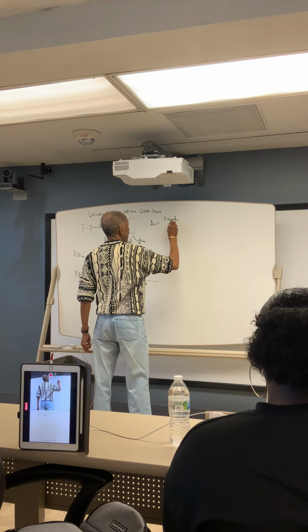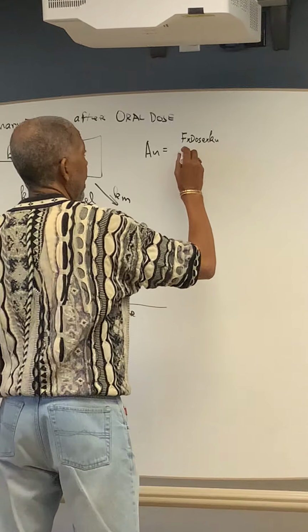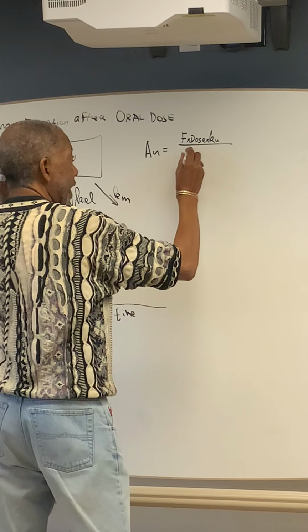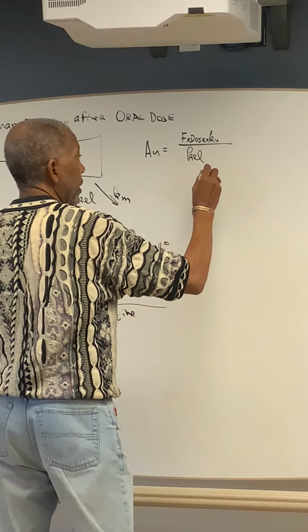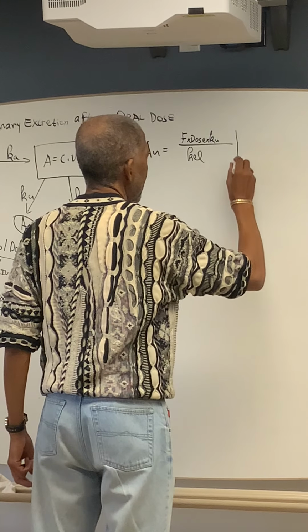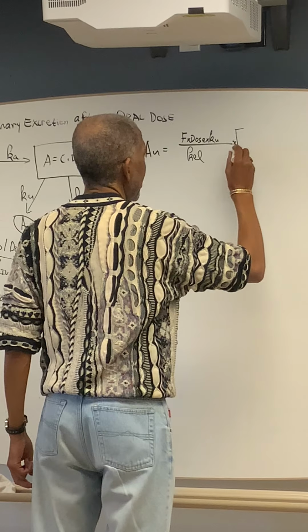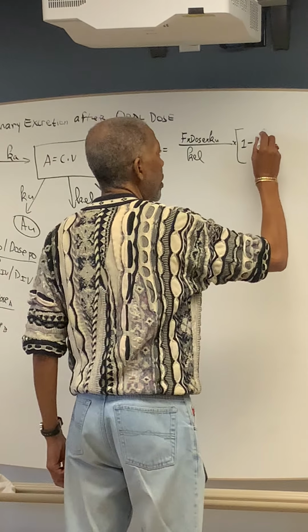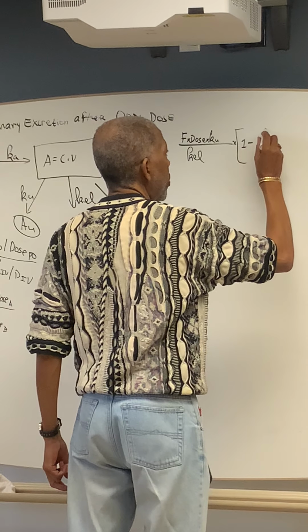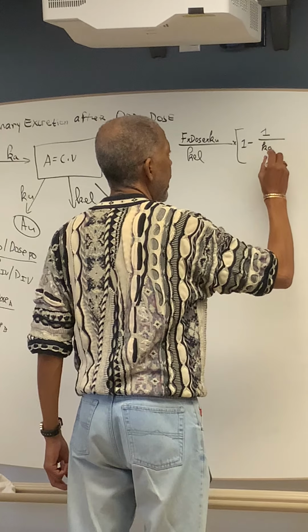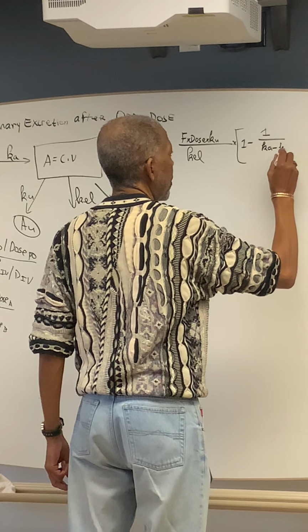Let me put some time signs there. F times the dose times KU divided by KEL, and this is where it gets kind of wicked. That's times 1 minus 1 over KA minus KEL.